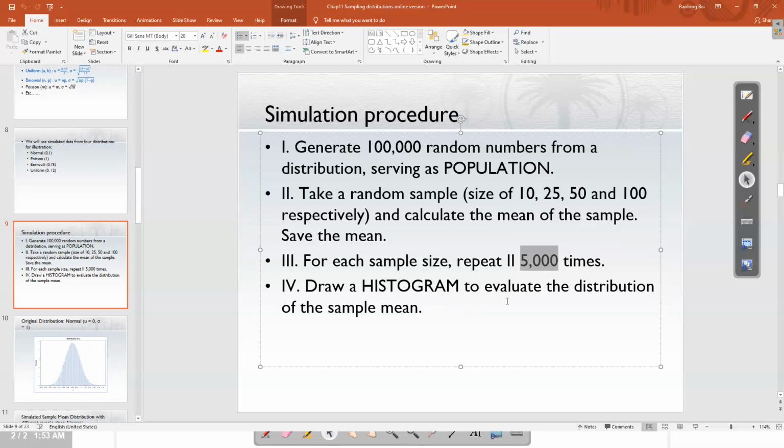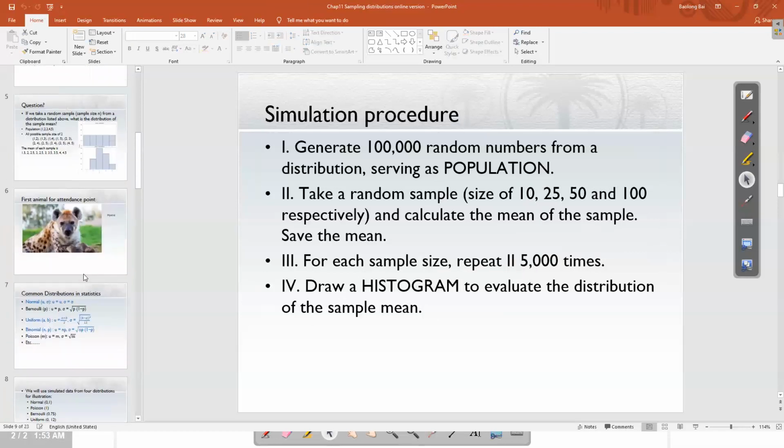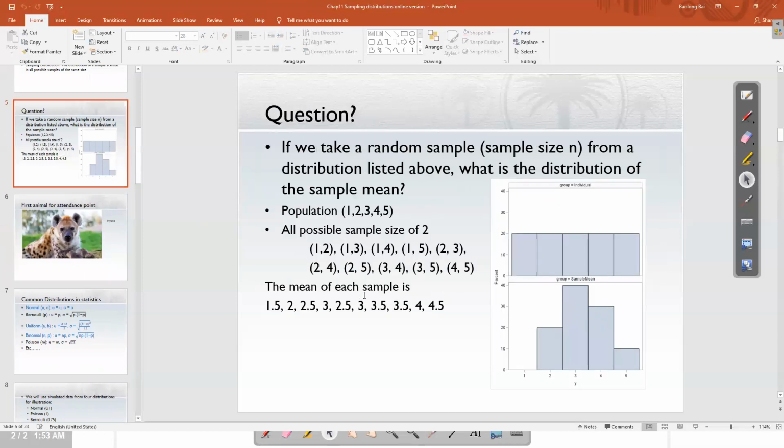Hopefully that number is good enough to evaluate the distribution of a sample mean, right? So we put that into a histogram to see what kind of distribution the sample mean has. Just like here, we put all 10 sample means into a histogram, right? So over there, we just put 5,000 different sample means. If you think 5,000 sample means is not good enough, you can make it 10,000, 20,000.